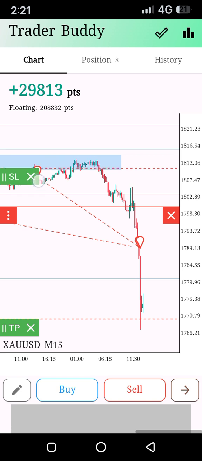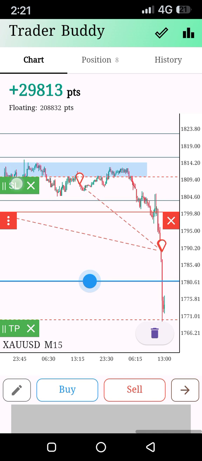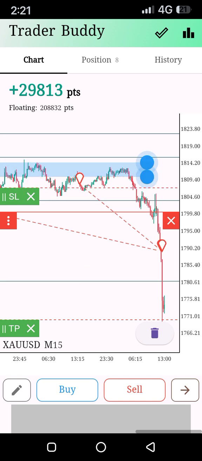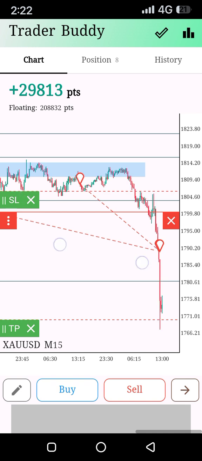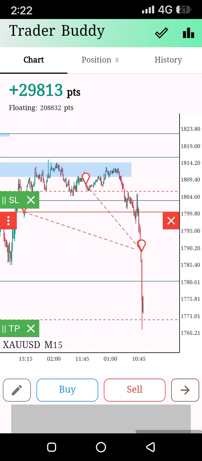Because we have a structure break, previous structure break, before we had a continuation move to the upside, okay? Price, as you can see, was bullish. Price here was bullish, okay, before it started to go bearish. After we closed underneath here, that was a bearish signal. And then after some time, after price crossed this same zone, the third time, sorry, it had structure.